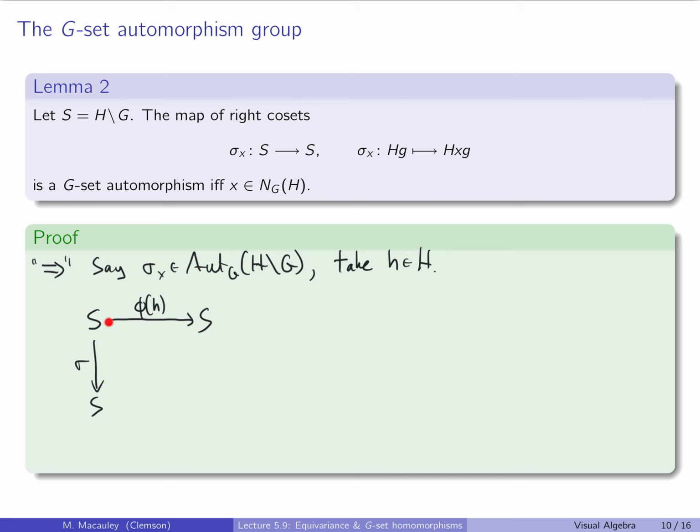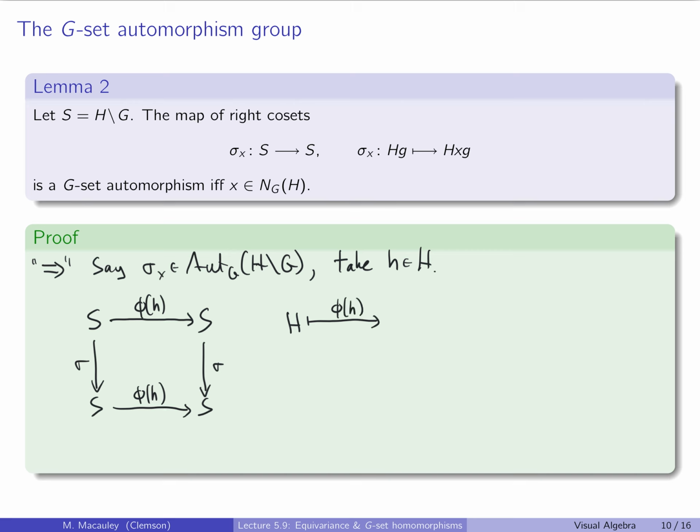If we press the little h button and then we apply sigma, that better be the same as applying sigma and then phi of h, in other words, pressing the little h button. So in terms of elements, we can start with any coset. Let's start with H, and let's press the phi of little h button.